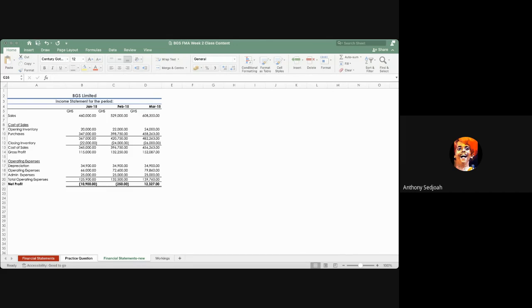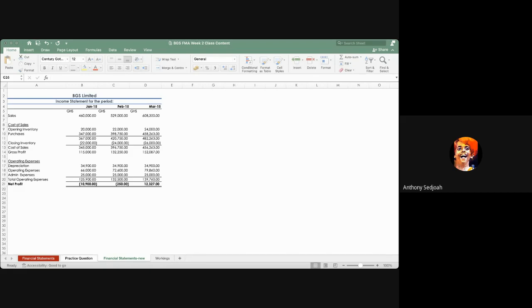So they want to spread the cost over some number of years. They do the spreading by calculating the depreciation so that they can assign a portion of the total cost within each year that asset will be used. All right, so that's depreciation.